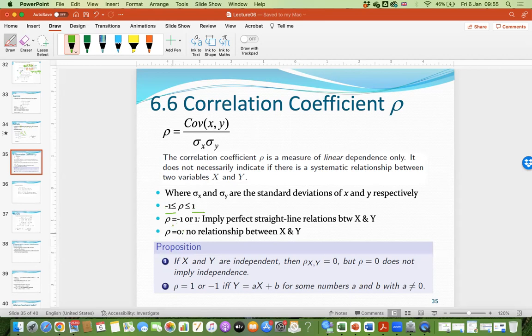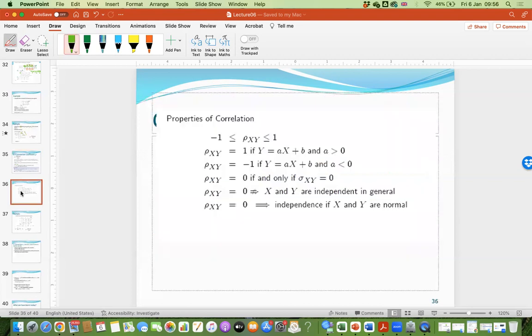If your value is -1 or 1, it shows you it's a straight line, whether positive slope or negative slope. If your correlation coefficient is 0, the relationship between them is weak, or I would say not strong. Is that okay? Yes. Okay.